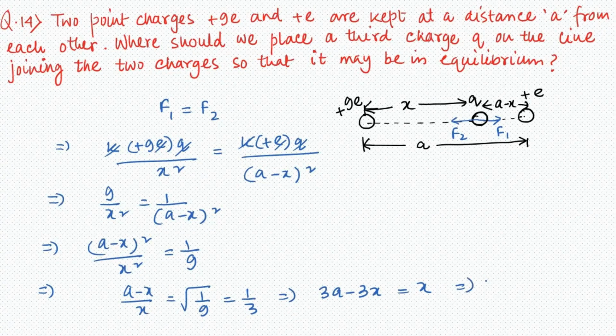So 3a is equal to 4x, or x is equal to 3 by 4 a. So we have to place this third charge at 3 by 4 a distance from the +9e charge so that it may be in equilibrium. So this is our answer.